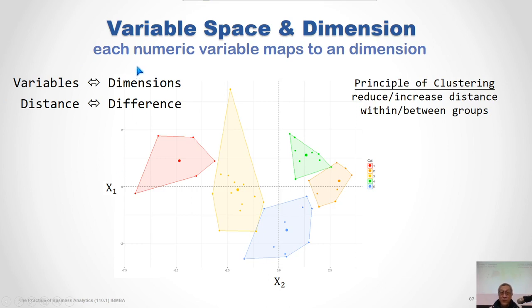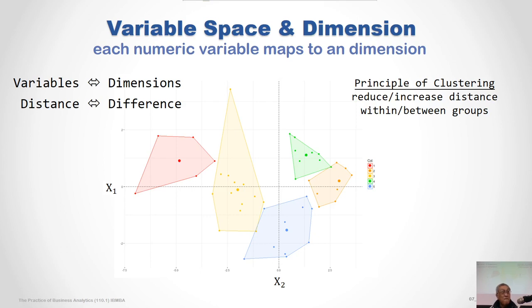So variables are mapped to dimensions, and in this space of variables, every subject has a point. Now in this space, distance is the same as difference.